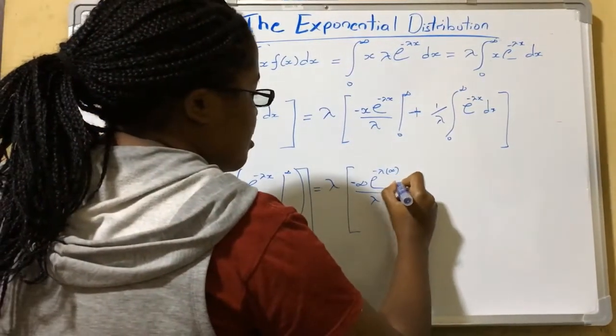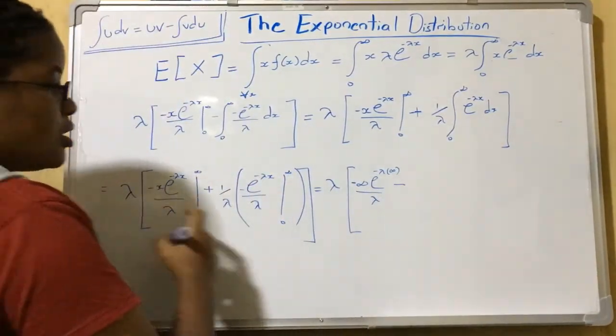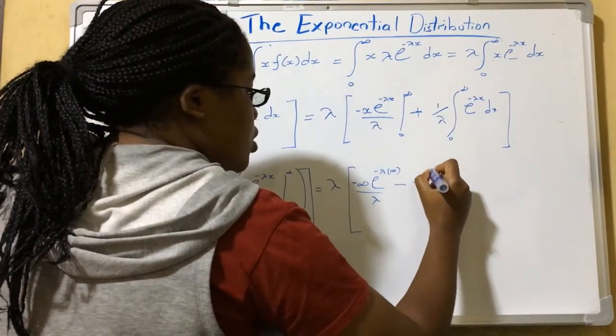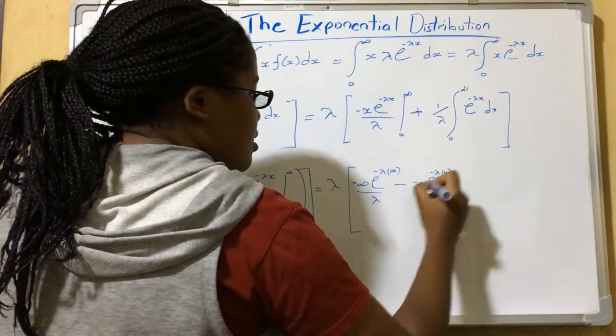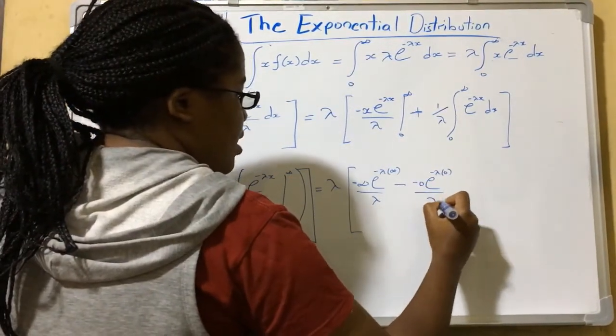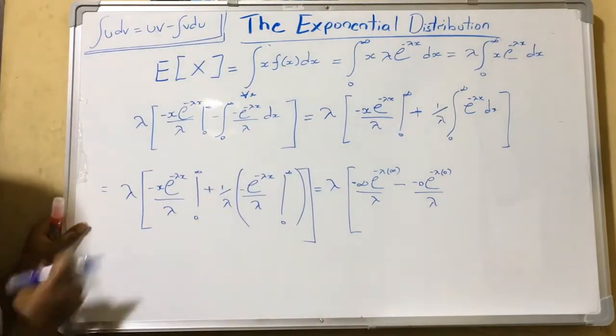So this minus, when I place 0 instead, I have negative 0 times exponential negative lambda times 0 over lambda. And this will be for this first part.